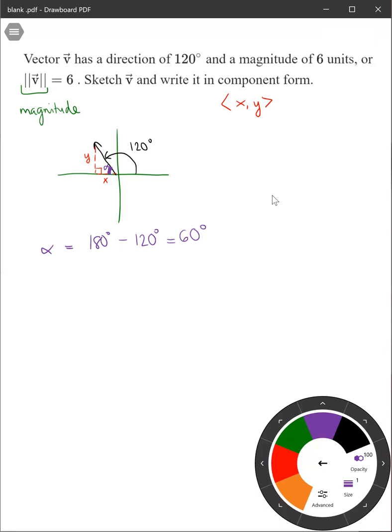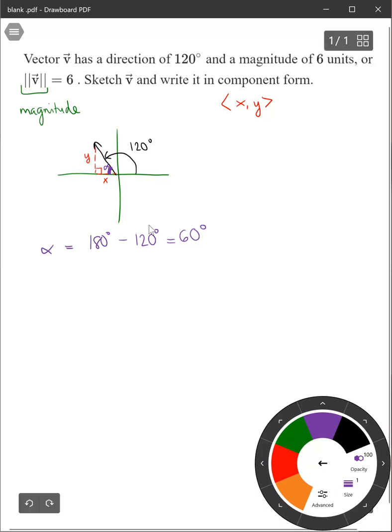So by using that angle, the given angle, what do I need to label on my diagram before we actually start looking for x and y? What else do I need to label on my diagram? So look at my diagram here.